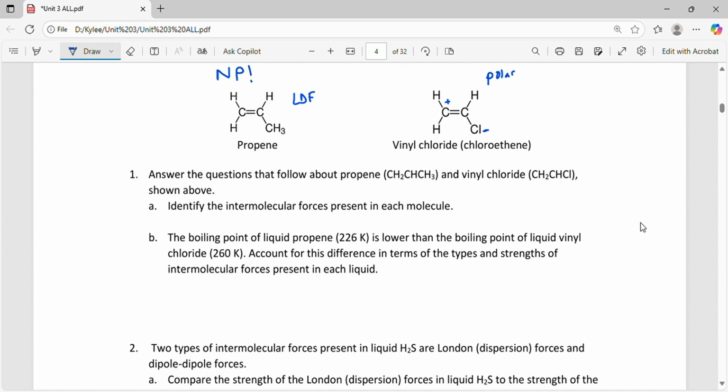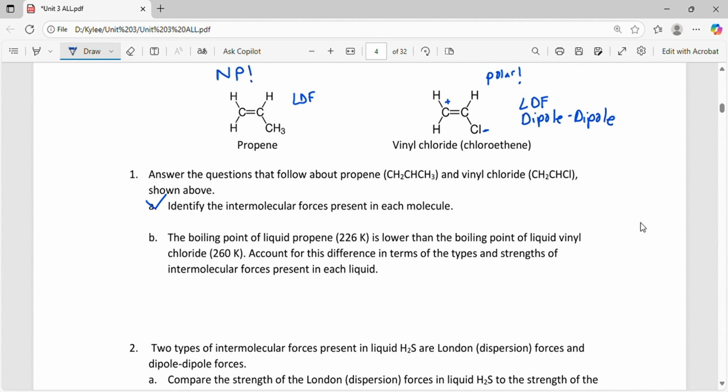If we have a polar compound, this is going to be LDF because everything is LDF, and it's going to be dipole-dipole. And then I just need to check, is there a hydrogen directly bonded to an F, O, or N? There's not, so this is not hydrogen bonding. So part A, done.